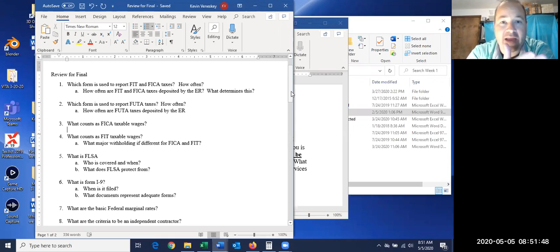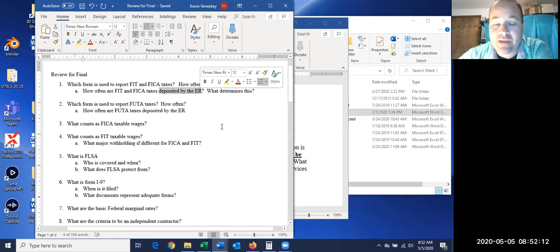Semi means cut in half, so semi-monthly would be twice a month. I can't think of a time when people are paid semi-weekly. That would be weird. You'd be paid like on a Wednesday and Friday. So the taxes are deposited either bi-weekly or monthly.